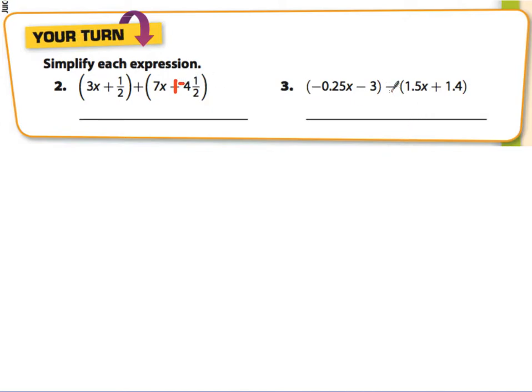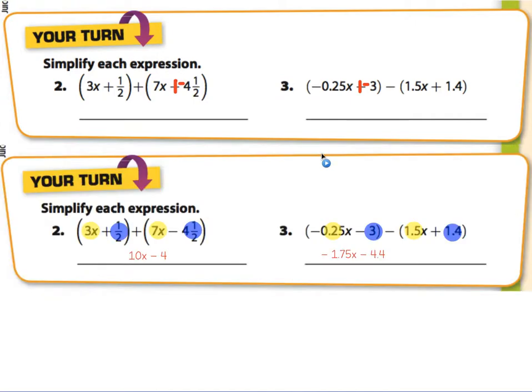And then here, since this is minus, this would be negative 25 hundredths minus 1 5/10. And this is like plus a negative. This is negative 3 minus 1 4/10. All right. So go ahead and try it on your own, and when you come back, we'll check your answers.